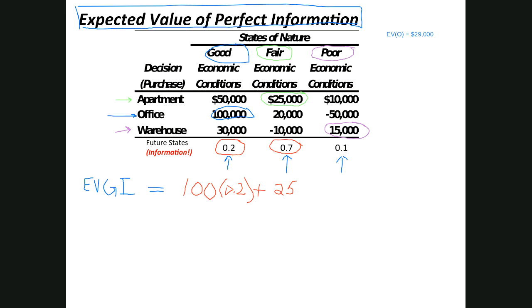We would make the investment correctly every time he told us that the economy was going to be fair. And then if the economy were poor, we would return $15,000, and he would tell us that 10% of the time. When we do the arithmetic, our expected value given this information turns out to be $39,000.